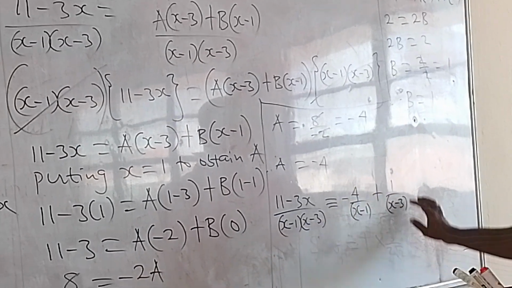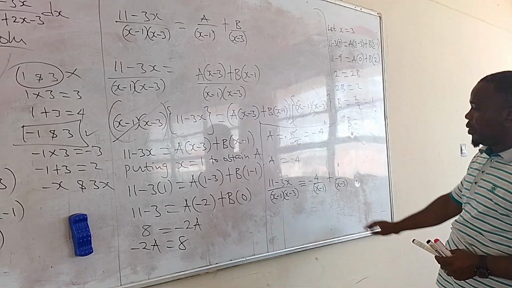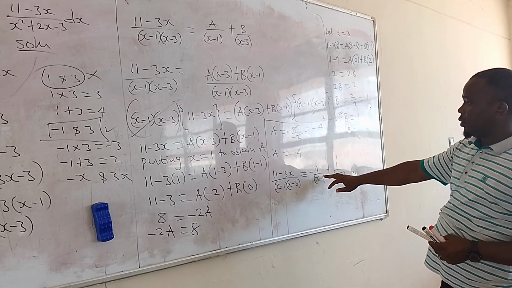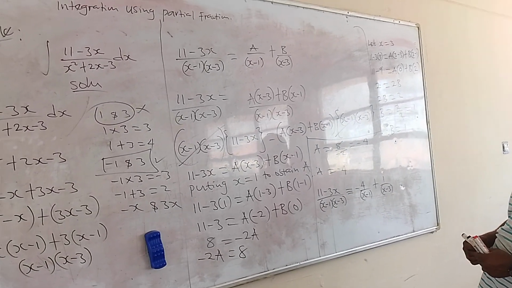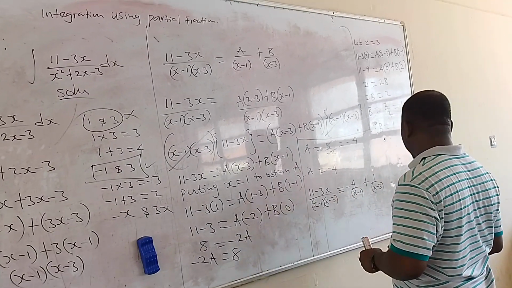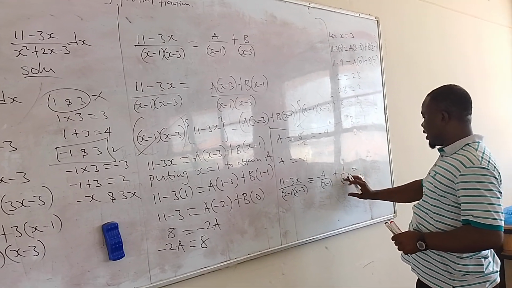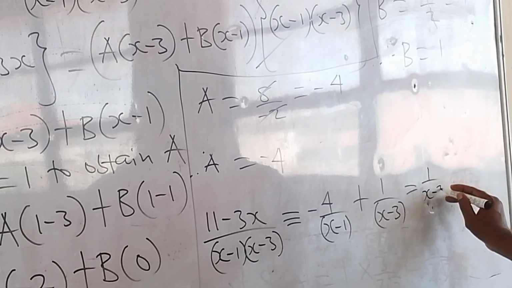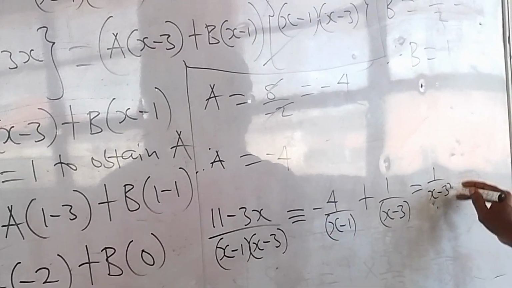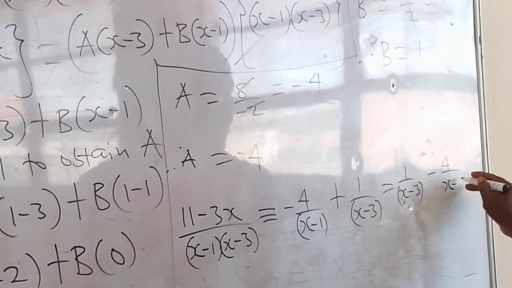It means as it is, we can now integrate this function. Let us put it this way. This is the same thing as we can take these sides as positive: 1 all over x minus 3, then all in bracket minus 4 all over x minus 1.